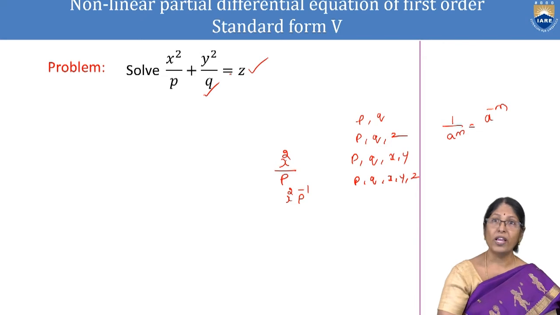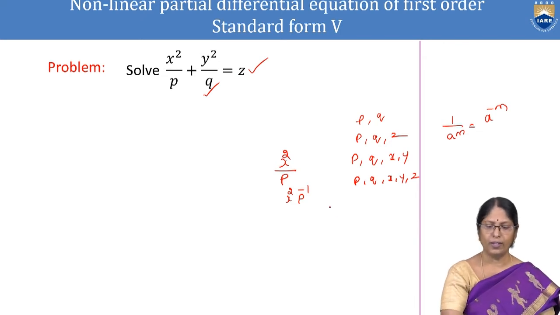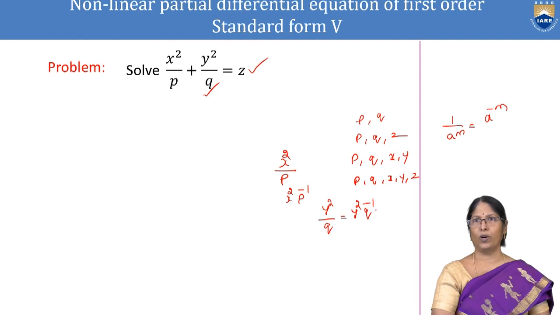Similarly, y square by q is there. That y square by q is also to be written as y square q power minus 1.